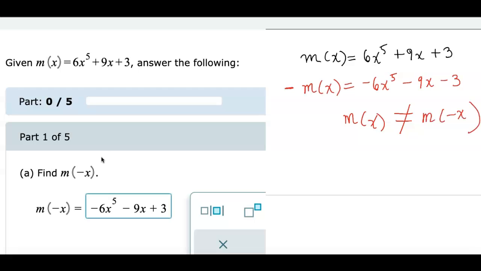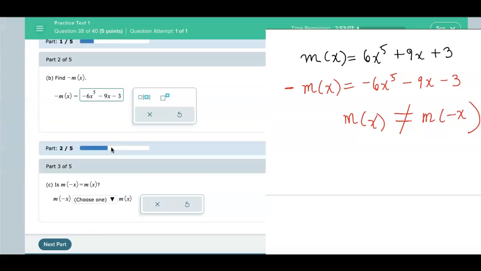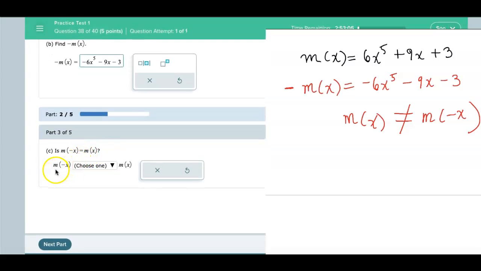They are not the same, which means this is not an even function. All right, but let me answer that part for them. M of negative x is not equal to m of x. The symbols may sound so confusing, but if you know how to read and understand these notations, they're simply asking you to compare two answers, right? Next part.